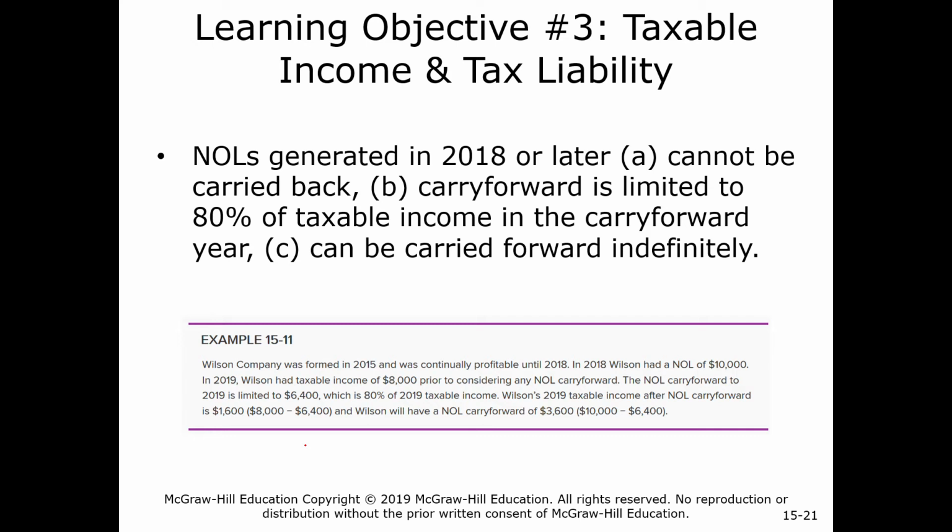So 80% of their taxable income is $6,400, and they can only reduce their taxable income by this amount. That means they will have to pay taxes on the difference, and whatever they have not used, the $3,600, will carry over to 2020.